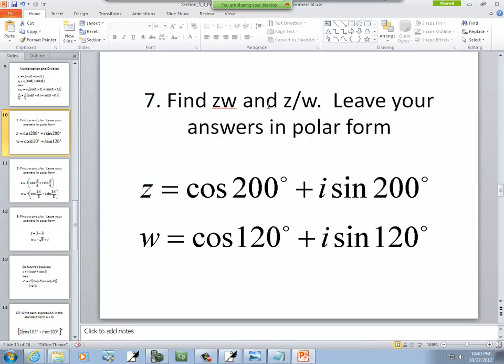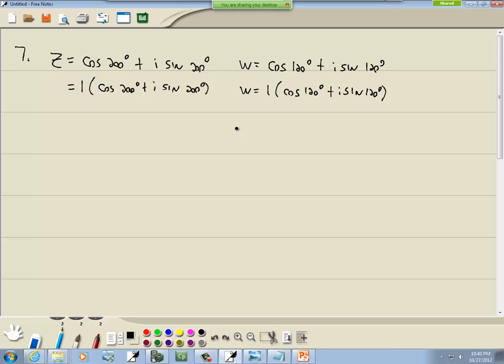Now we want to do the multiplication and division, leaving our answers in polar form. Okay, so Z times W. From our formula, we multiply our r's, so we take 1 times 1, and then we add our angles. So we've got cosine of 200 degrees plus 120 degrees, plus i sine of 200 degrees plus 120 degrees.